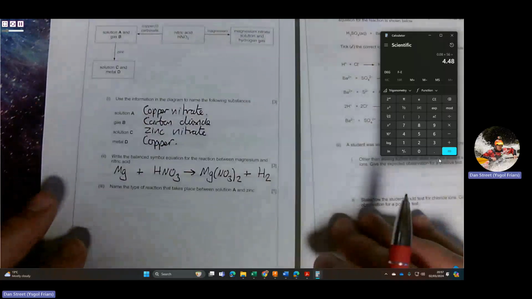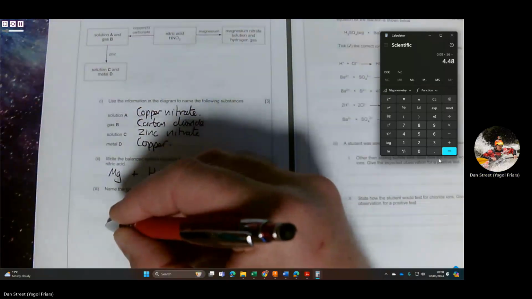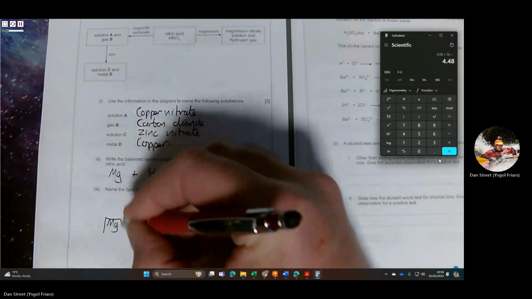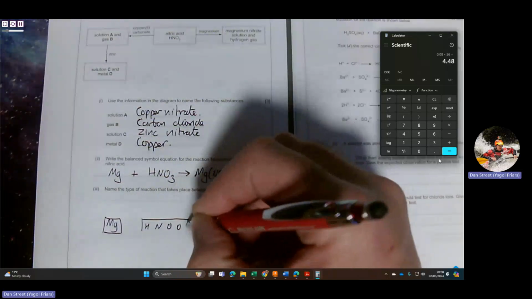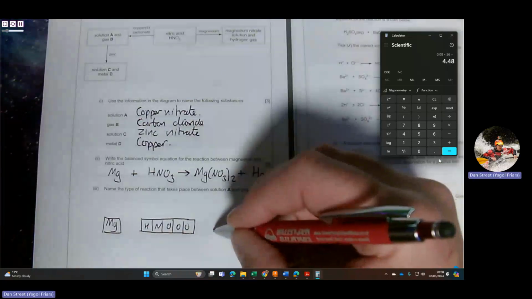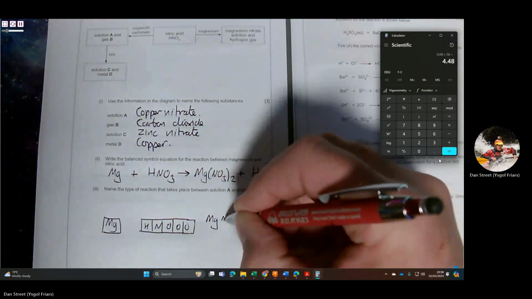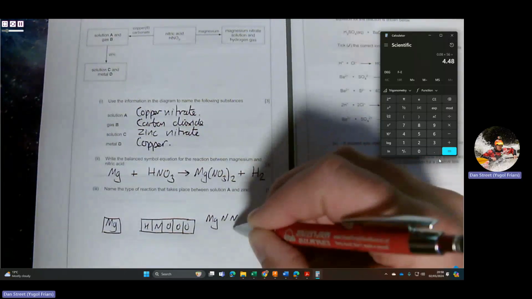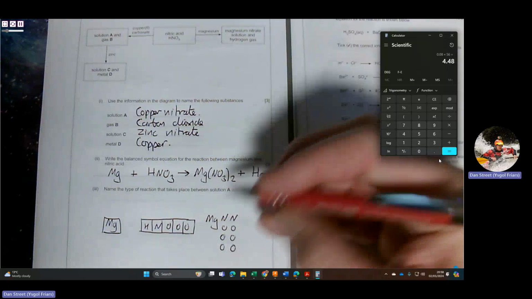Okay, so we could draw the block method, and that would be a very sensible thing to do. So let's do that underneath. The Mg reacts with HNO3 to make magnesium nitrate, which is Mg, N, N, and 6 O's: 1, 2, 3, 4, 5, 6, because there's 3 times 2.